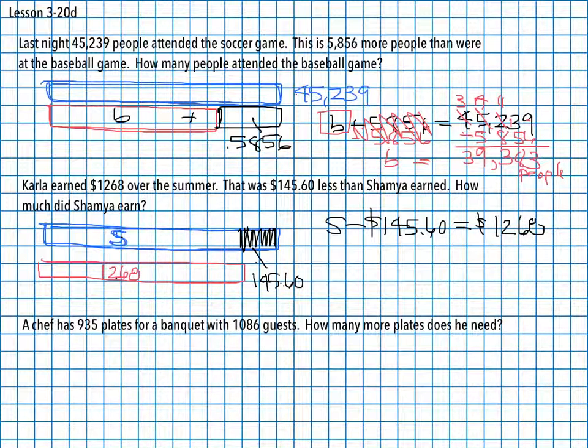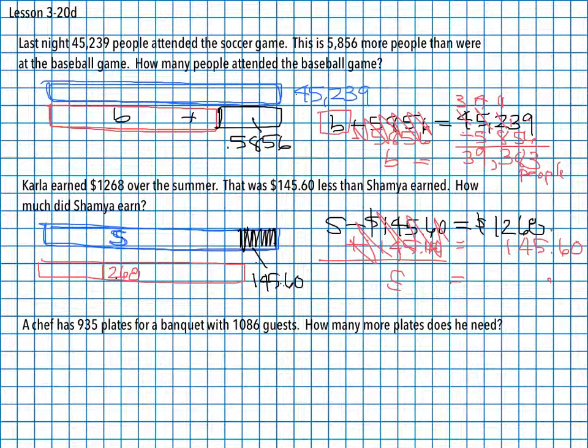Here we go. First thing we do, we isolate the variable. What's the opposite of subtracting $145.60? We're going to add $145.60. Whatever I do on one side of the equal sign, I do on the other. Now, we're ready to do this. This cancels out. That's going to give us 0, so all we have left is S. Now we're going to add.